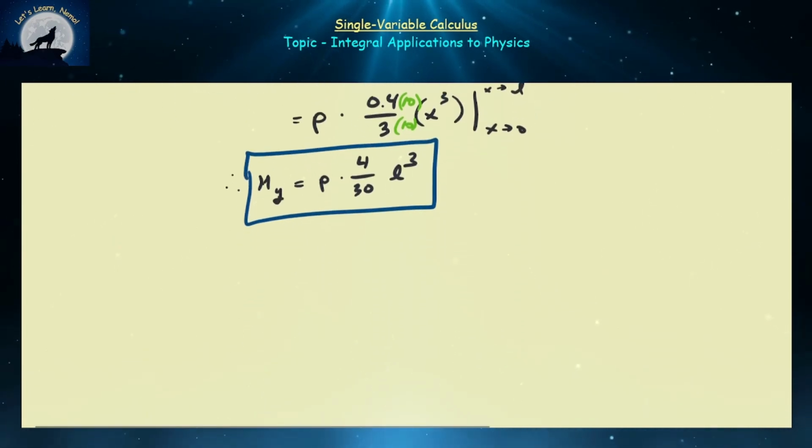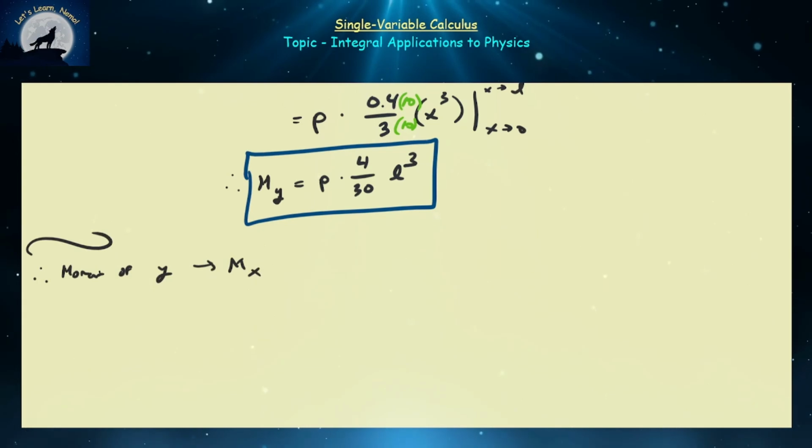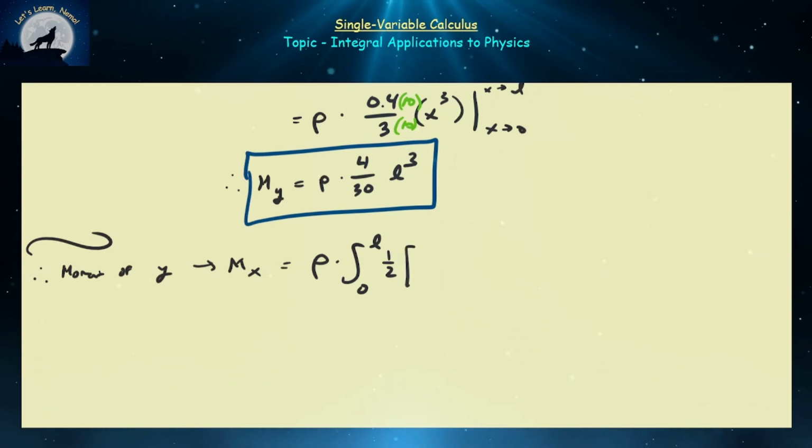And then I'm going to do similar to the moment of y. So the moment of y, aka Mx, is going to be equal to rho times the integral from 0 to L of 1/2 of the difference of the squares between these functions.